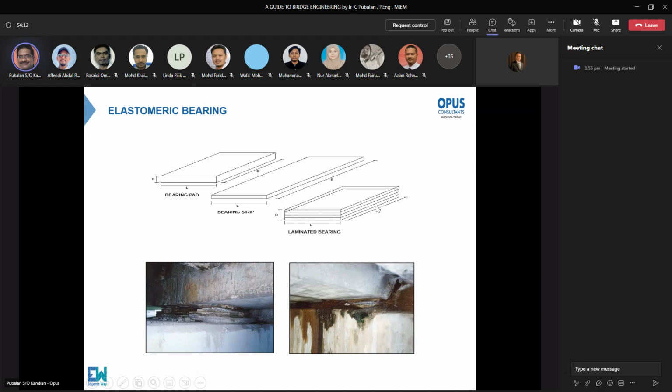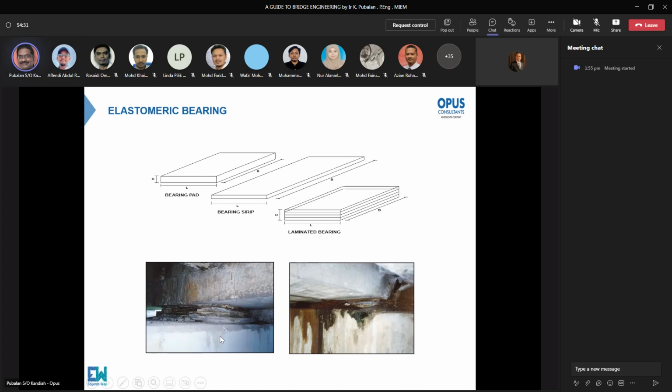If your bridge is curving slightly or your span is bigger, then you have your mechanical bearing that can take more rotation. You see, the first function of a bearing is to take the axial load coming from the top.